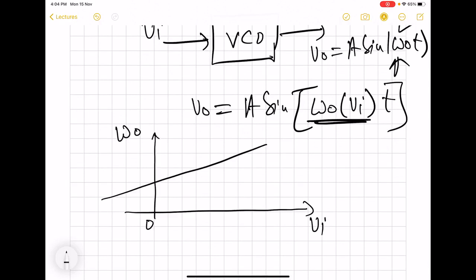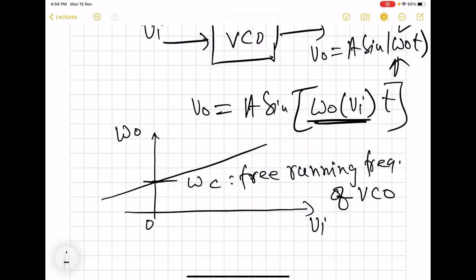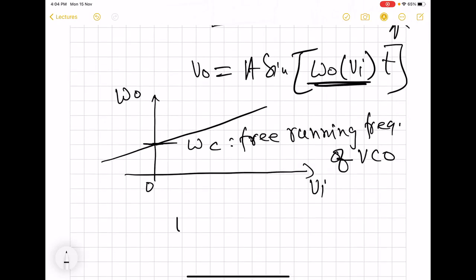We will have omega C, and this is called free running frequency, or free running output of VCO. That means when Vi is 0, the output is a periodic signal of frequency omega C.